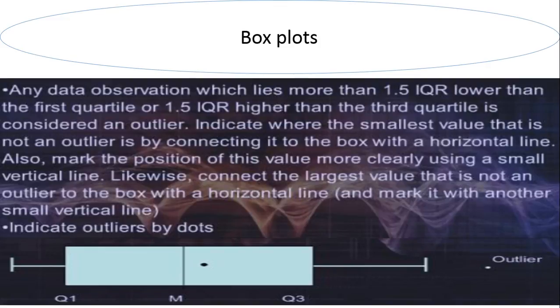Indicate outliers by dots. So you have one outlier, which is the value that is 1.5 times higher than the interquartile range.